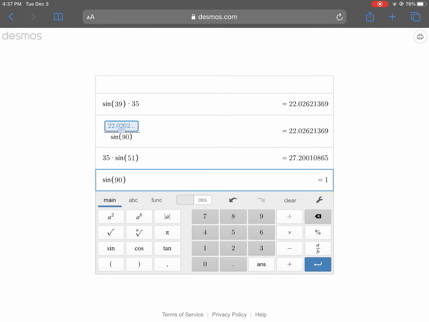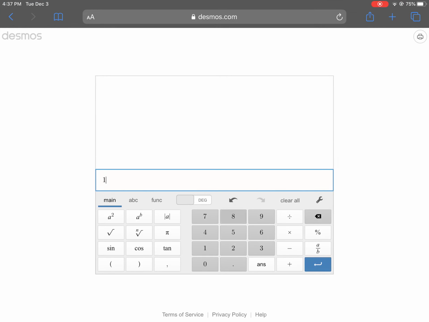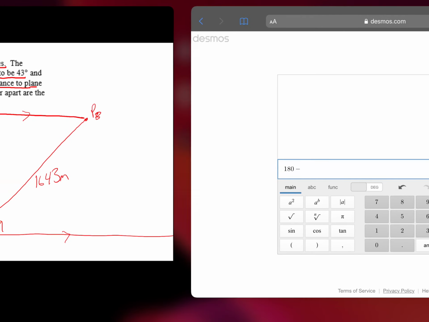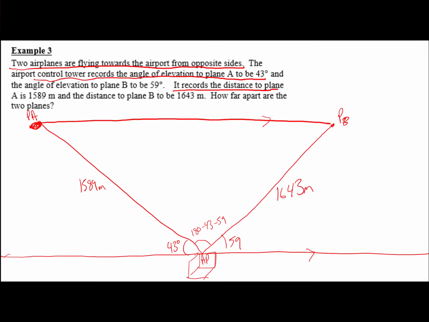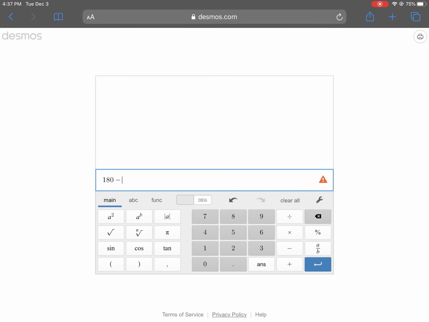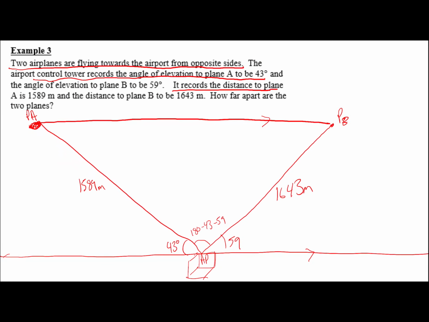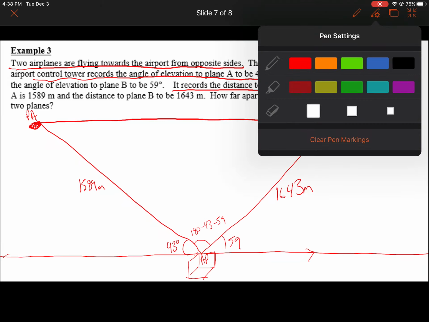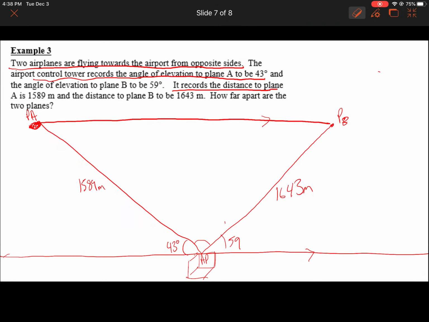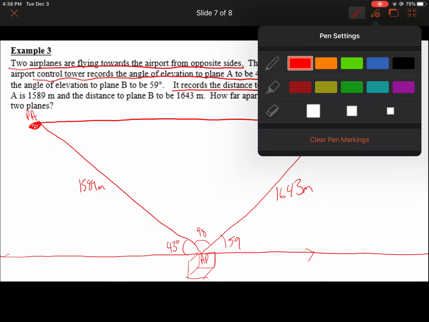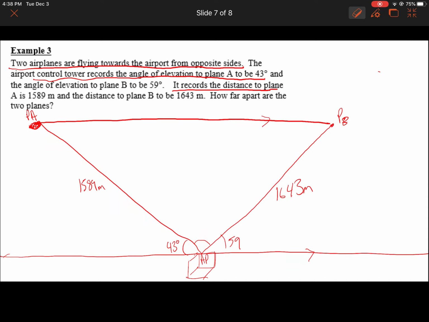Let's do that math. 180 minus 43 minus 59 is equal to 78 degrees.